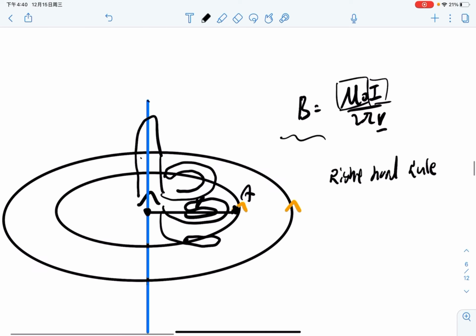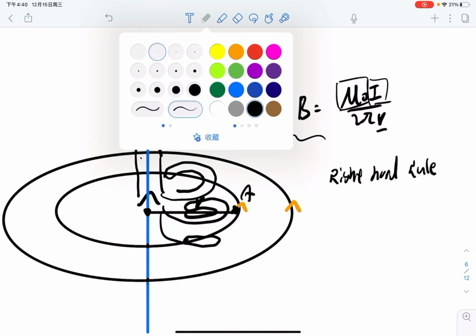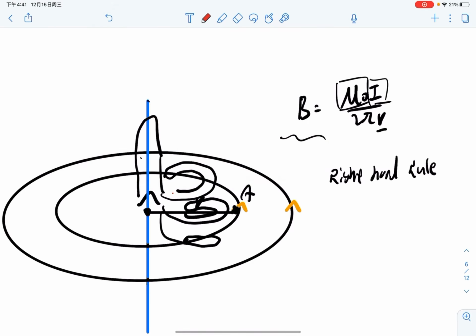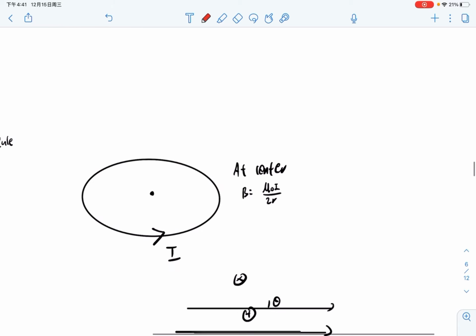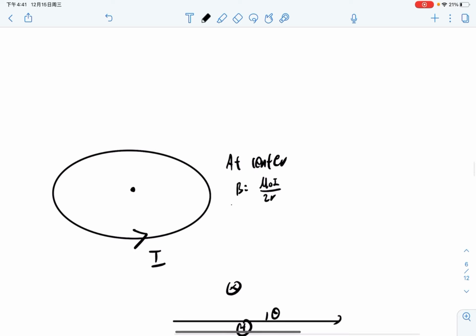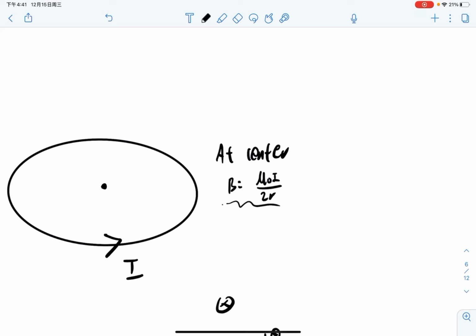So this, let me try it. This is the direction of the magnetic field. And for a looped wire, at the center, you need to remember that the magnetic field is equal to mu I divided by 2r, where r is a radius.